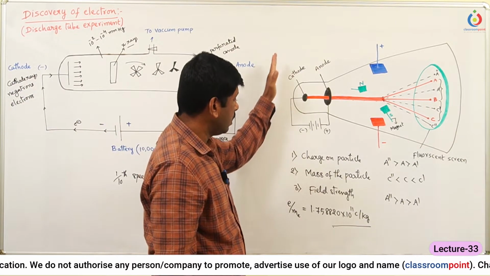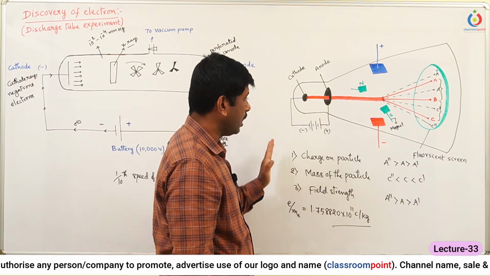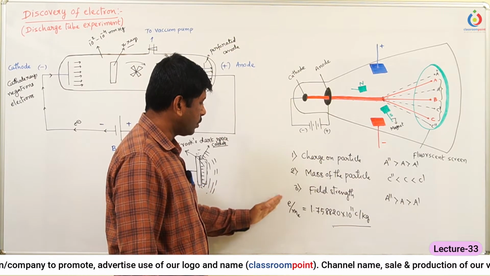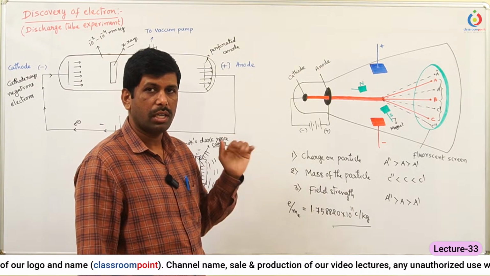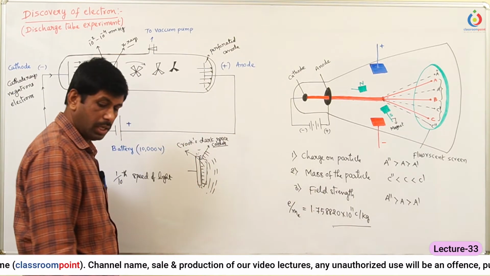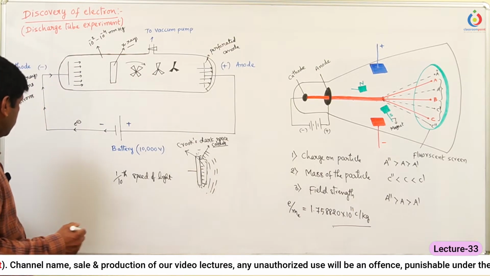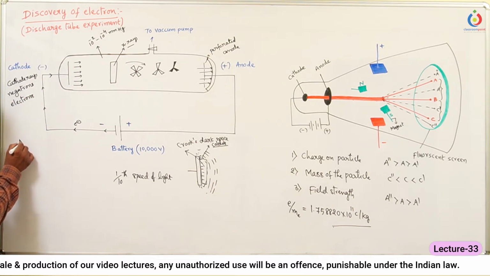Now coming again to the charge to mass ratio of the electron. Using this charge to mass ratio and the Millikan experiment, we shall be able to calculate the mass of the electron. Let us see how to calculate that. Millikan oil drop experiment.